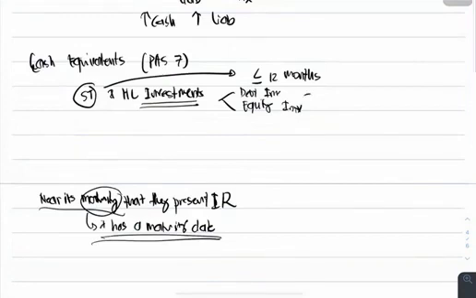Does a debt investment have a maturity date? Yes, a debt investment has a maturity date. How about an equity investment? Does an equity investment bear a maturity date? No, it does not bear a maturity date. Therefore, the short-term highly liquid investment that is said to be a cash equivalent only pertains to a debt investment.